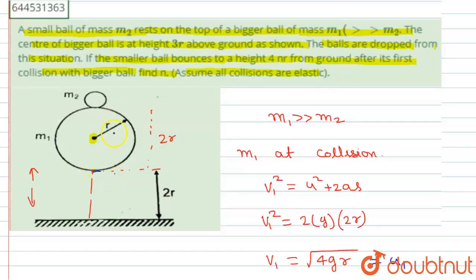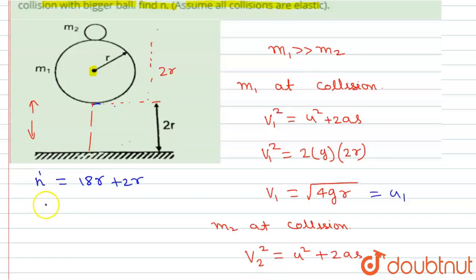So h dash is the total height, equal to 18r plus 2r. Clear? Now from here this is equal to 20r. Now according to question it is given for an r.